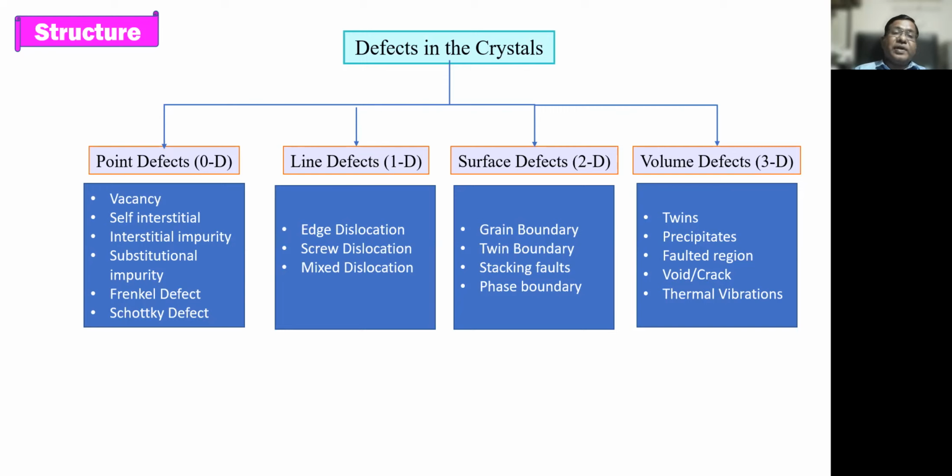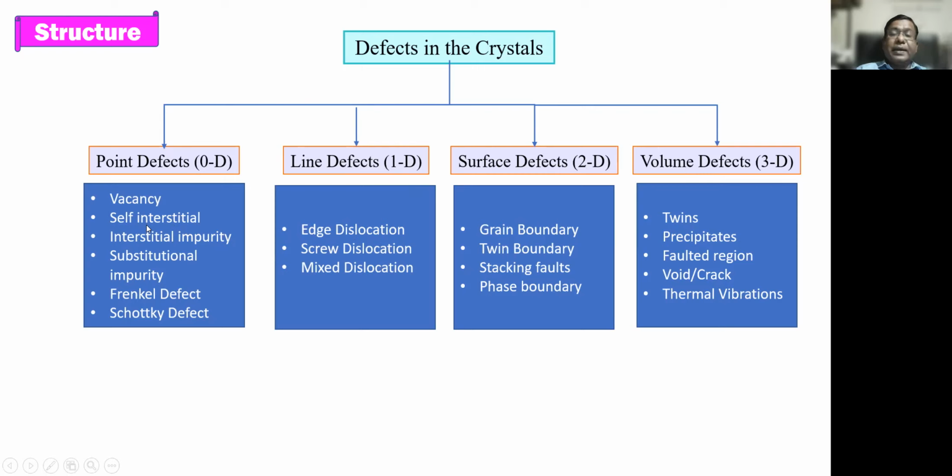Okay. So there are four types of defects: point defects, which are zero-dimensional defects; line defects, which are one-dimensional defects; surface defects, which are two-dimensional defects; and volume defects, which are three-dimensional defects. Vacancy, self-interstitial, interstitial impurity, substitutional impurity, Frenkel defect, Schottky defect: all these are point defects.